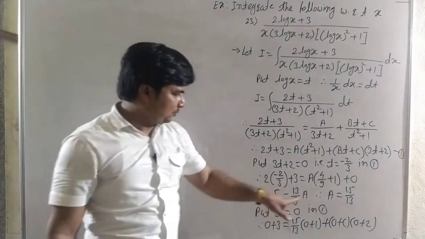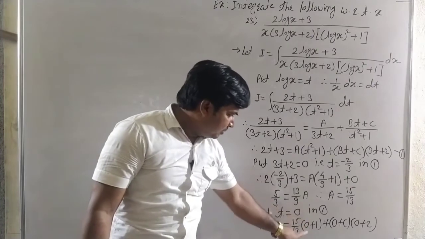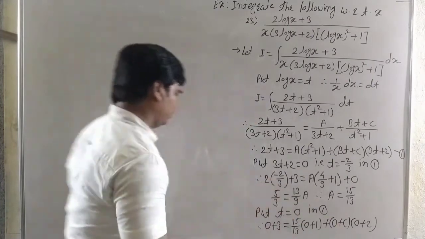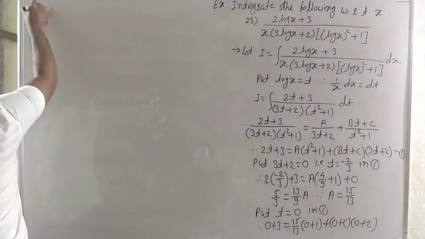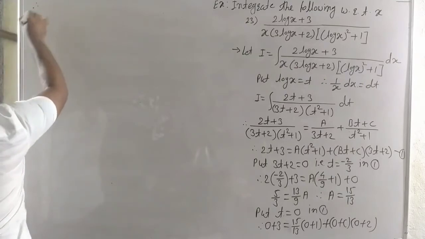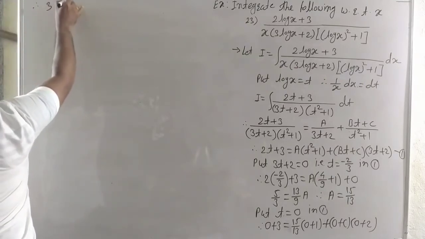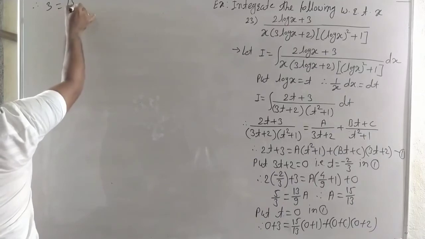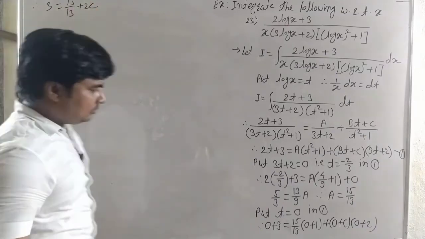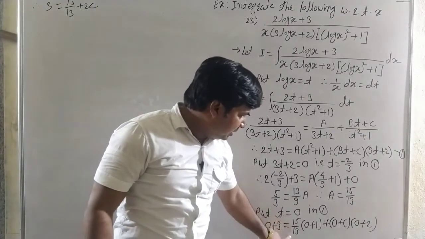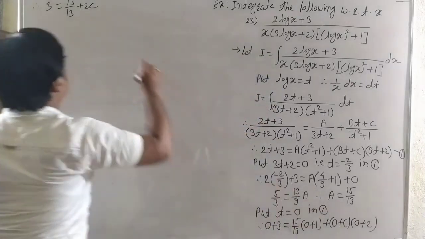See carefully the calculation. Therefore 3 is equal to 15 by 13 plus 2c.